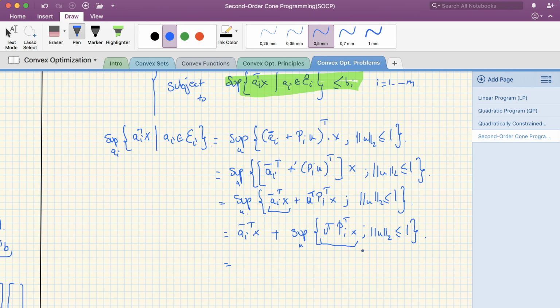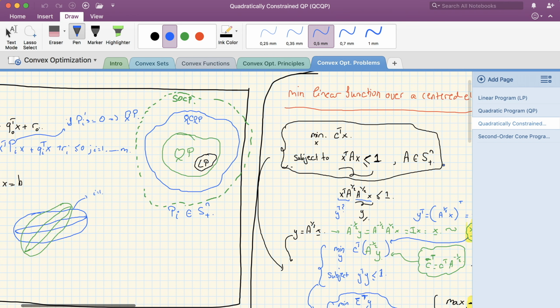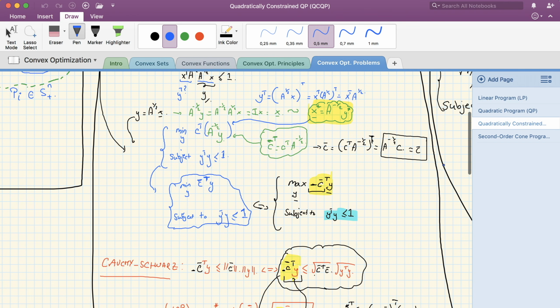And we've seen such a maximization in the previous lecture, somewhere here, yes, when we were using Cauchy-Schwarz. So we said that if we have a quantity of the form C transpose Y, this quantity is maximized only when you pick C along the direction of Y, that is, Y divided by the norm of Y.